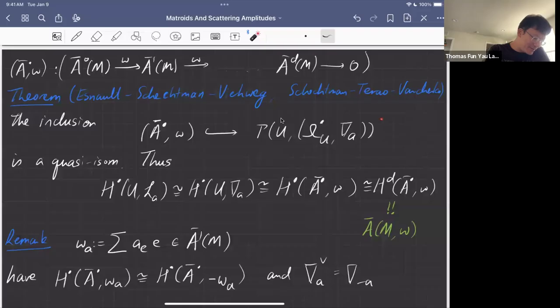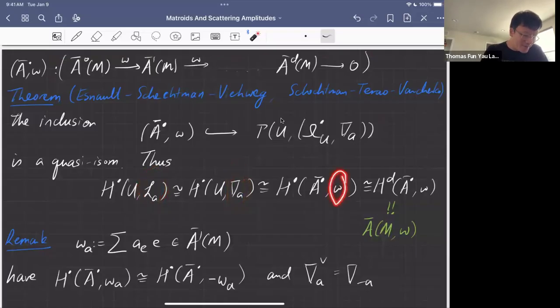There's a version that's just about complexes. Let me just state the version about cohomology groups. It says that the twisted cohomologies are isomorphic to the cohomologies of this complex. And the omega is the same omega. The omega depends on some parameters A. Those A's are going into my local system or into my connection.